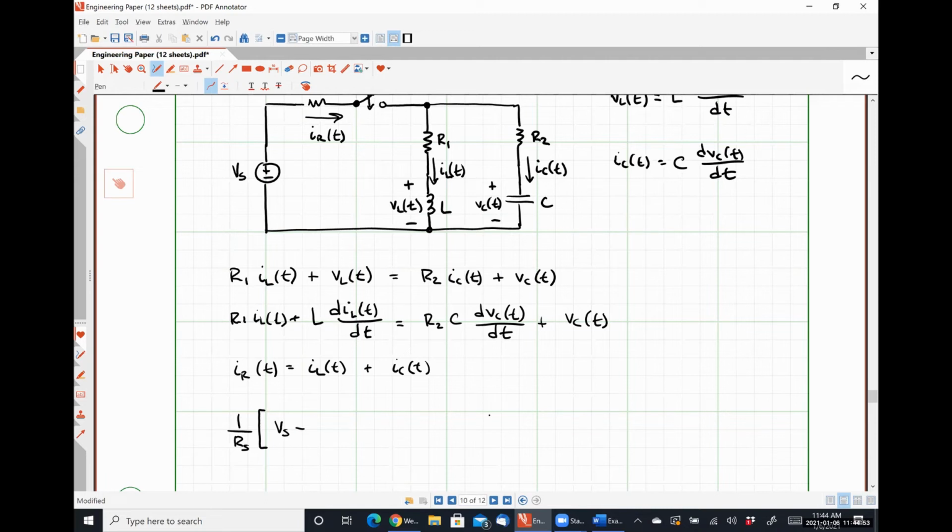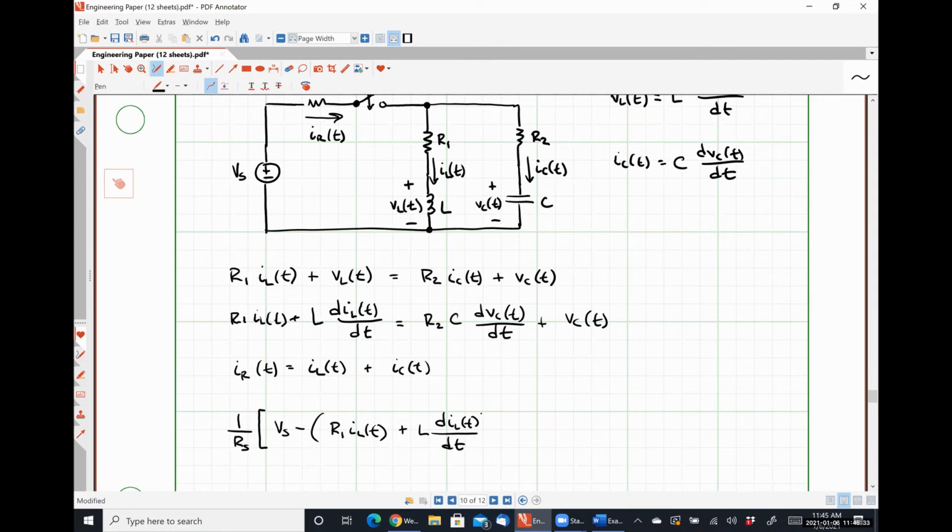So here is really where we're going to decide if we're going to get our differential equation in terms of our inductor current or our capacitor voltage. So pick one. Inductor. All right. So minus R1 IL of t plus VL of t, which is L di by dt.